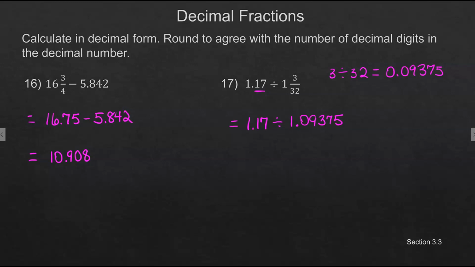All right, so when we divide those, we get 1.06971. Now, on this one, we are rounding to the hundredths place, 2 places after the decimal. So that's going to be 1.07. So we've got that rounded then.